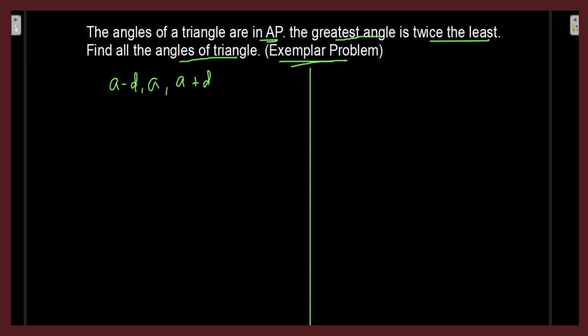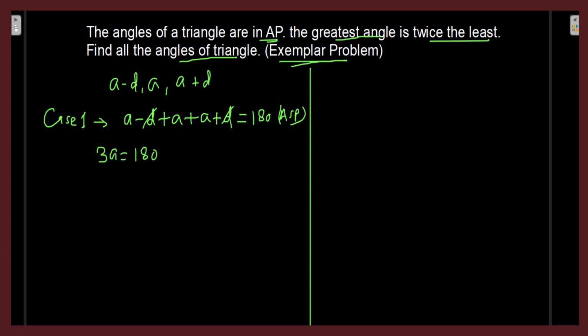And since these are the three angles which are in AP, the sum of the three angles is always 180 degrees, and therefore by case 1 we can say that A minus D plus A plus D is equal to 180 degrees, angle sum property, and therefore this D and D will get cancelled. So 3A is equal to 180, and therefore 3 ones are 3, 3 sixes are 18. So it will be A is equal to 60.